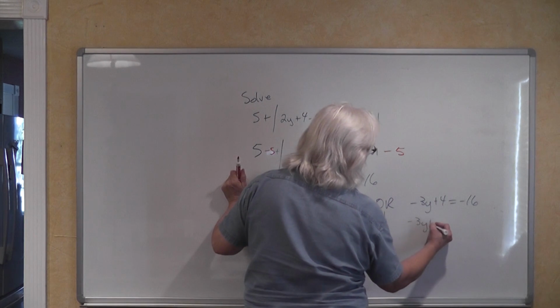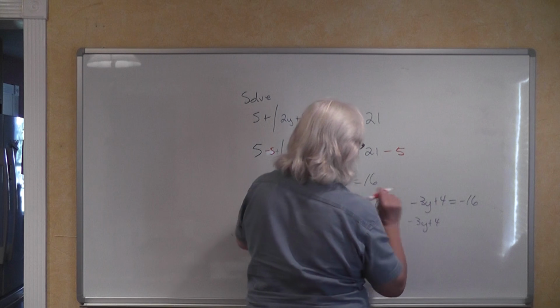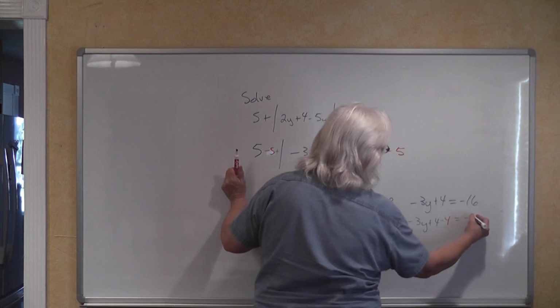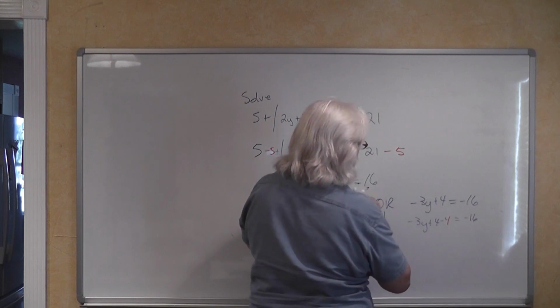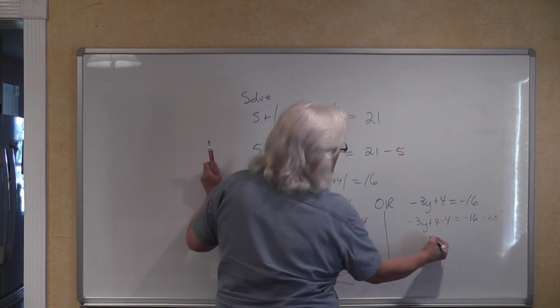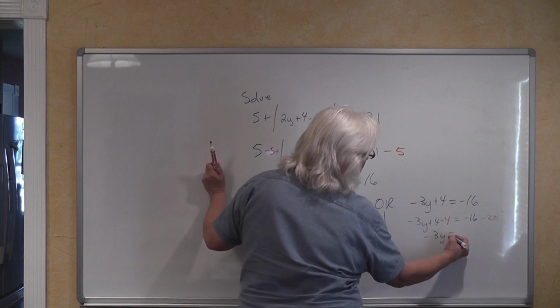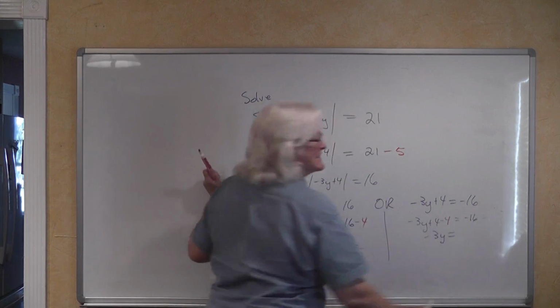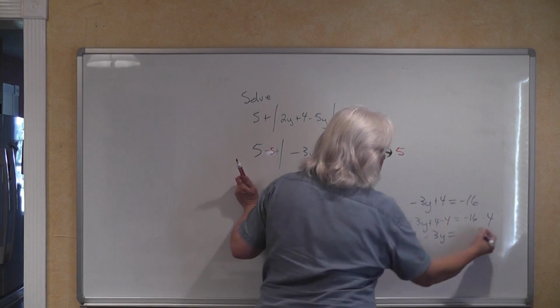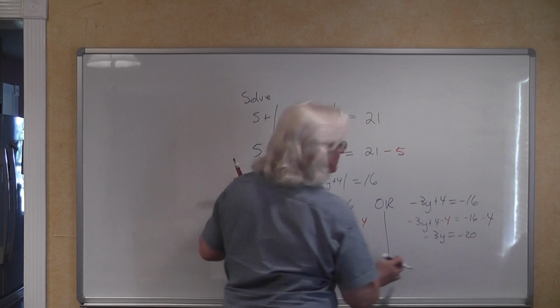Going to solve our second equation now. Once again, by subtracting 4 from both sides of the equation. But we are going to end up with a different value, aren't we? Negative 16 minus 4, whoops, I said 16. I was doing my subtraction. Negative 20.